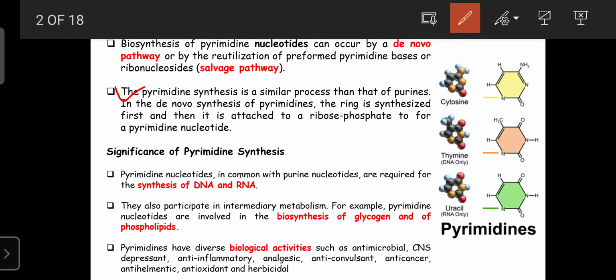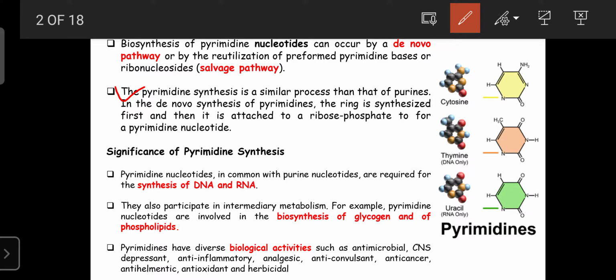That is the basic molecule, and here also some basic molecule is required for further synthesis of the pyrimidine nucleotides. But the process is not as complicated as compared to the synthesis of the purine derivatives or purine nucleotides. It is less consuming: the number of reactions will be fewer, and fewer components are required for biosynthesis of the pyrimidine basic molecules.